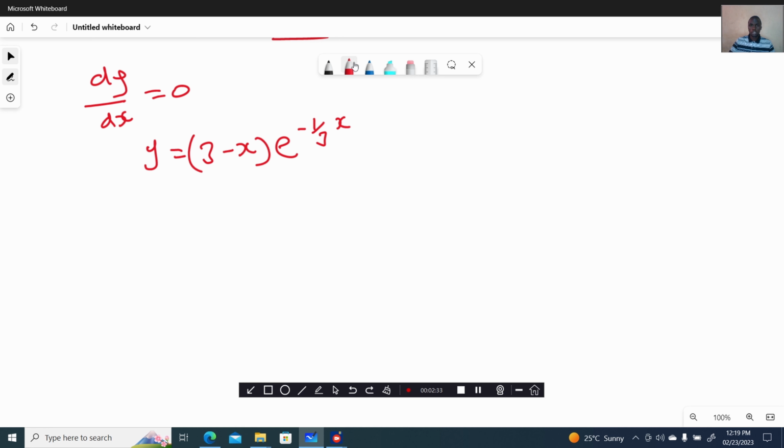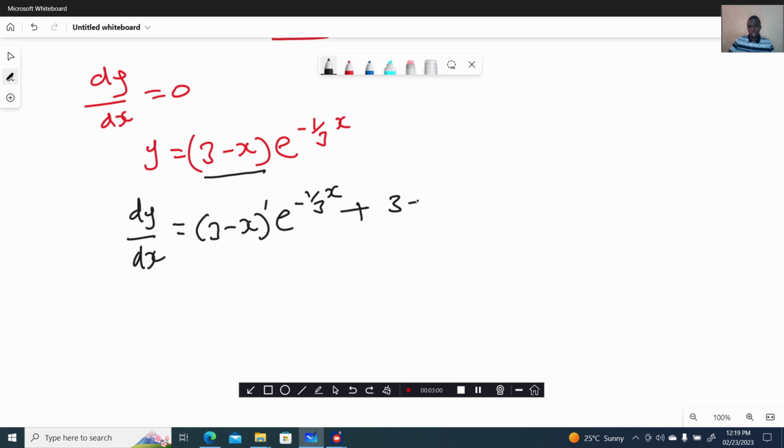Here we're going to use the product rule because you can see there are two functions multiplied together, and each of them is a function of x. So dy over dx will be: we take the first part, 3 minus x, differentiate it, multiply by the second part, e to the power of negative 1 over 3 x, then plus the first part, not differentiated this time, multiplied by the second part differentiated.